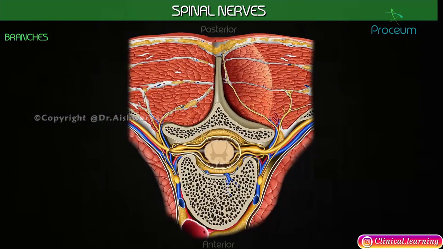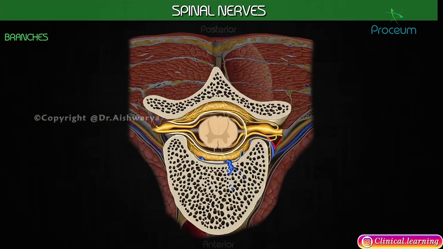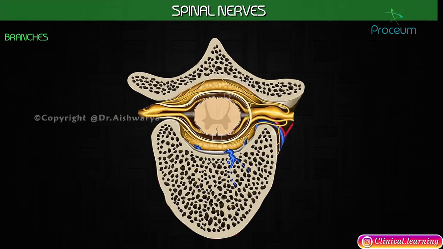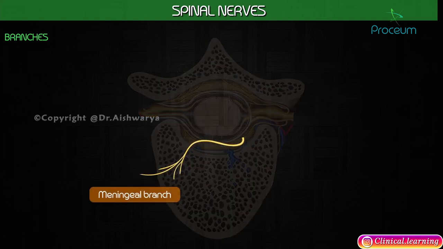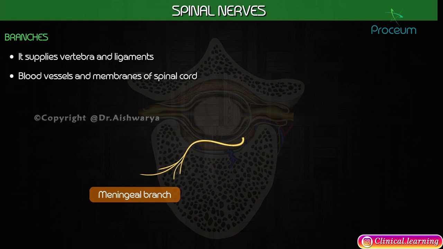And if you see the division, after emerging from the intervertebral foramen, each spinal nerve gives off a small meningeal branch. This small meningeal branch re-enters the vertebral canal through the intervertebral foramen and supplies the vertebra and the ligaments and also the blood vessels of the spinal cord and its membranes.